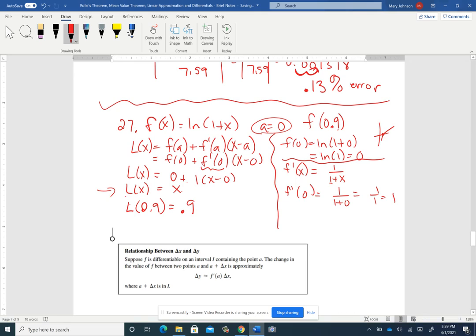Okay. Well, what happens when you use the original function to find it exactly? Use your calculator. What do you get? Let me see, where was it? Oh, yeah.